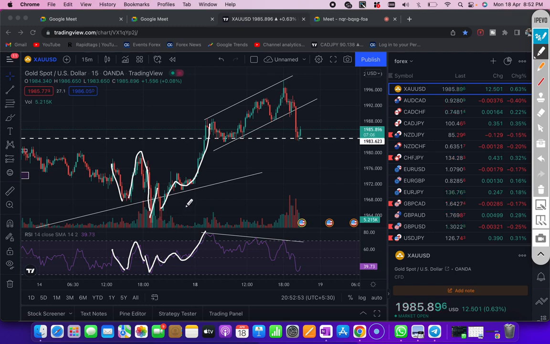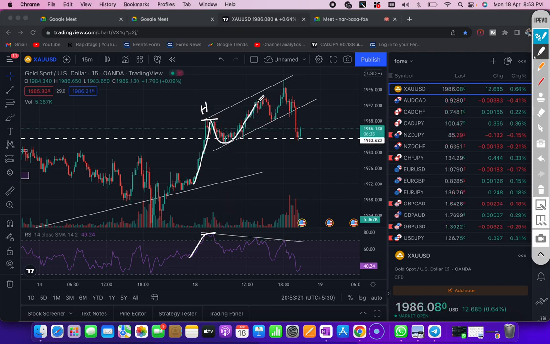But what if RSI stops following the price? It is diverging from the price, so something is fishy. Price is going up, RSI is going up, that's great. Price makes a high here, RSI makes a high here. Price comes back, makes another high here.